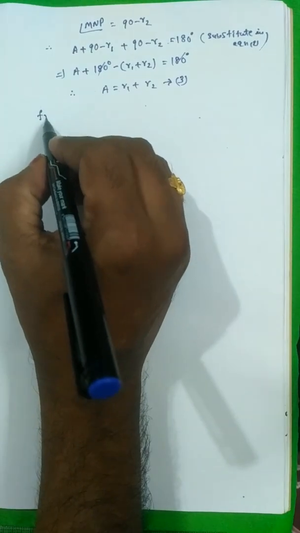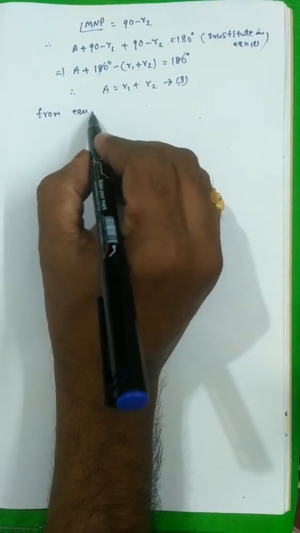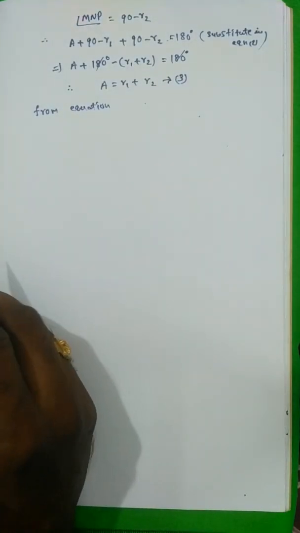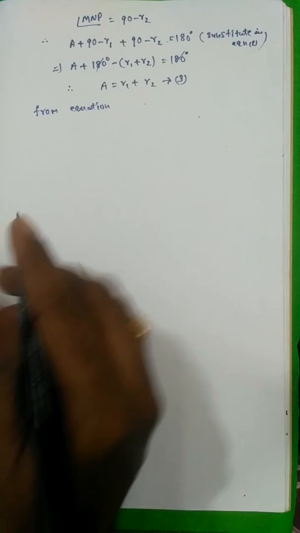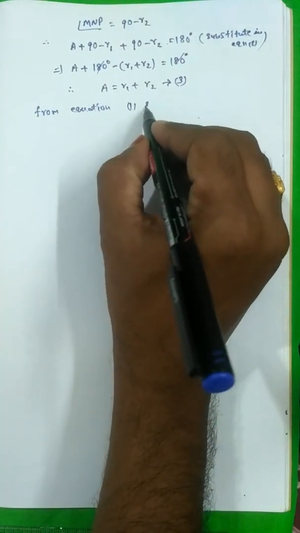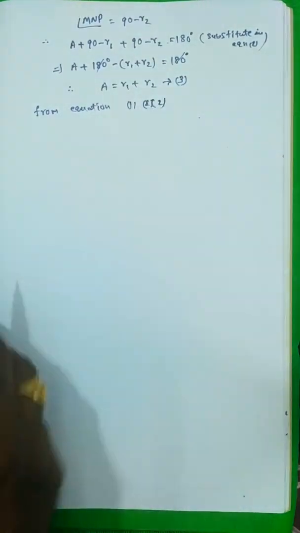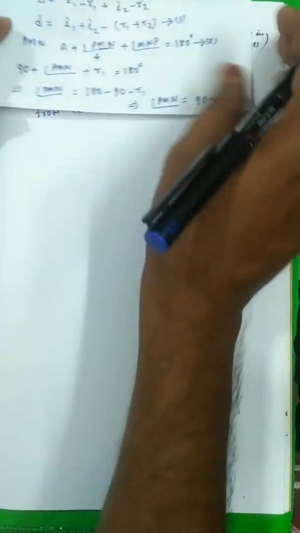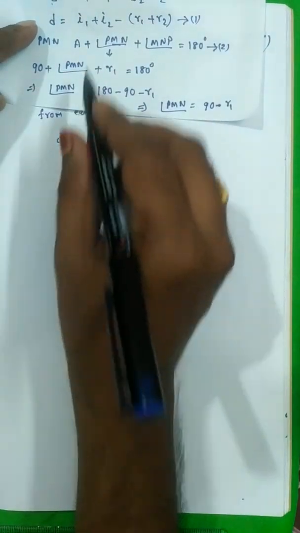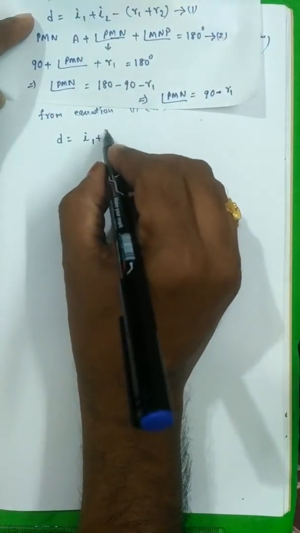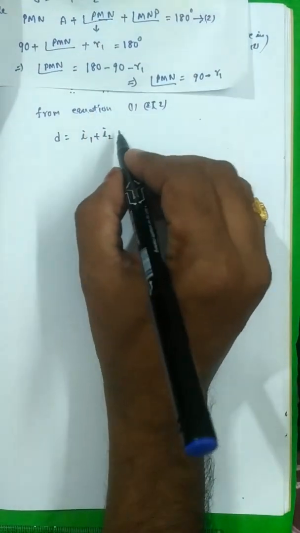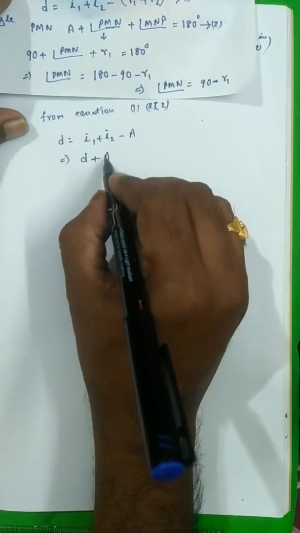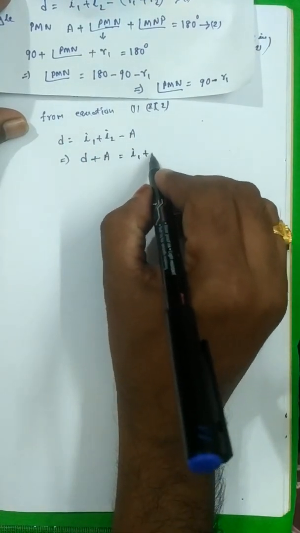From equations 1 and 2, equation 1 is d equals I1 plus I2 minus (r1 plus r2), and r1 plus r2 is A. That implies, taking it to this side, d plus A equals I1 plus I2.